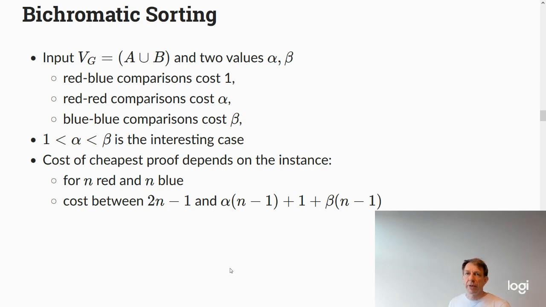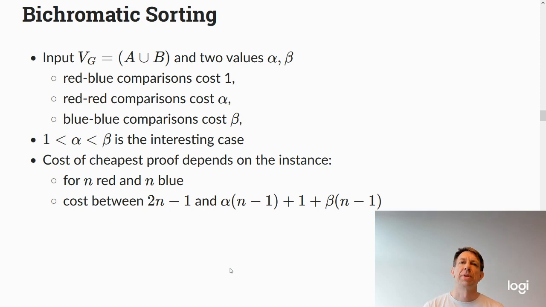And now, as a first guideline of where we stand, the cheapest proof, this cost that we are comparing ourselves to, can vary quite a lot. It ranges from all edges on the Hamiltonian path being bichromatic edges, which we call the perfectly interleaved instance, where we have n red elements interleaved with n blue elements, to the case where all the red elements are smaller than all the blue elements, or vice versa, where we end up with a cost that is very much dominated by the monochromatic cost.